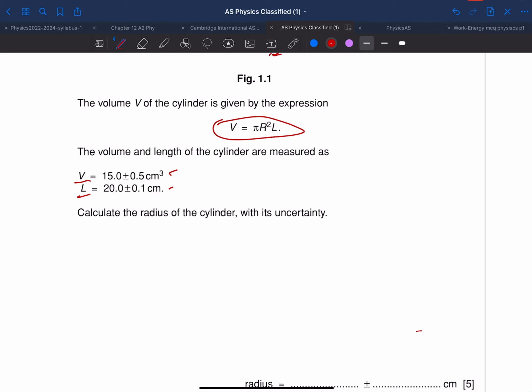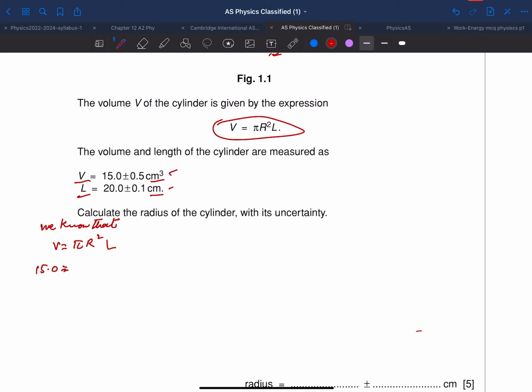Again the same thing, as you have the equation, so directly use it. First of all, the first step will be: we know that V is equal to pi R square L. When you use their given values, remember that the unit is the same on both sides, so you need not do anything else. 15.0 is the value of the volume.